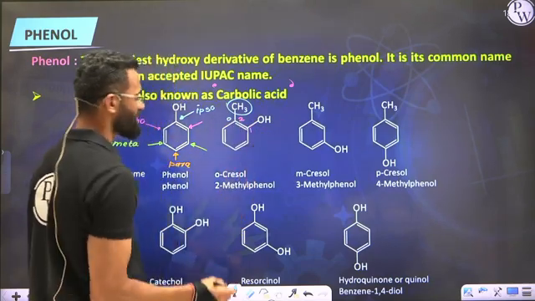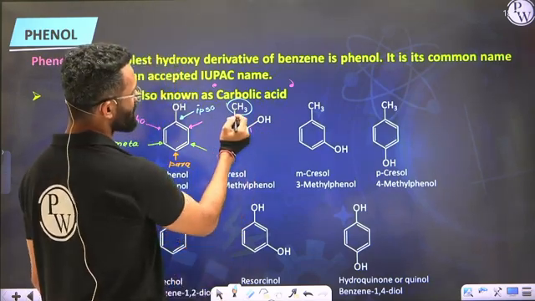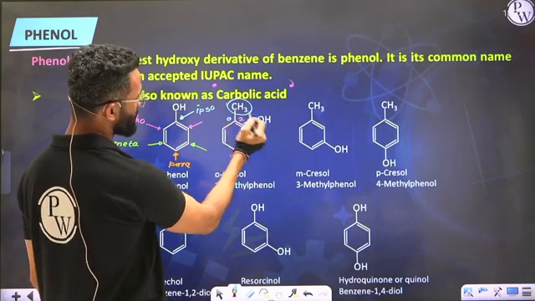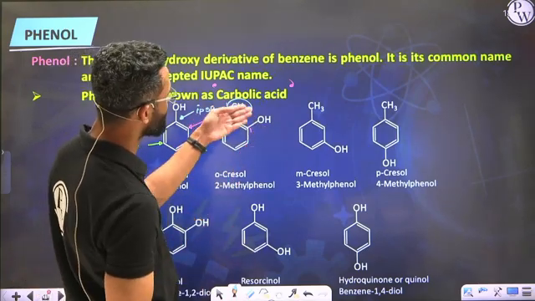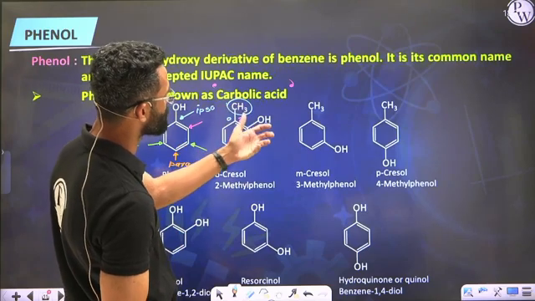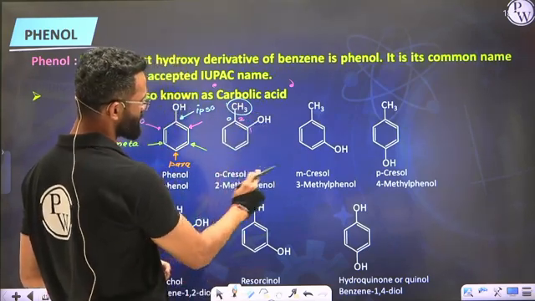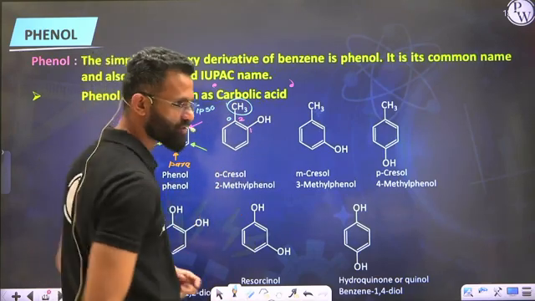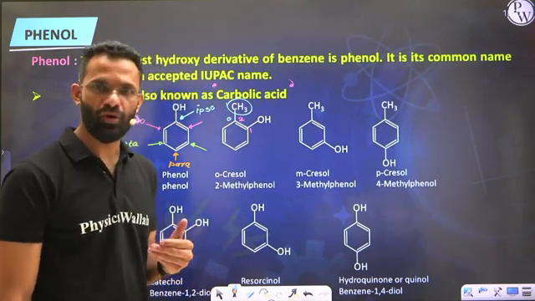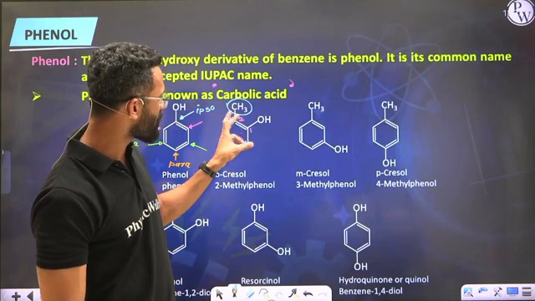So you can call it orthomethyl phenol. But because methylated phenols are also known as cresol, C-R-E-S-O-L, I'm calling this o-cresol, that is orthocresol. See, I use the term ortho because in benzene I've got altogether two substituents.